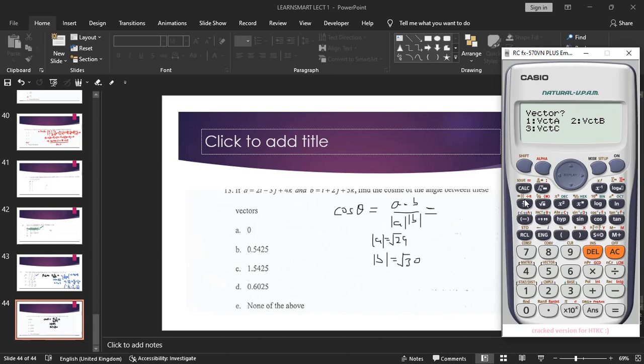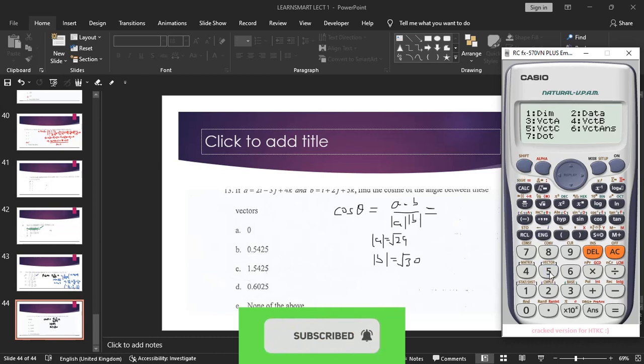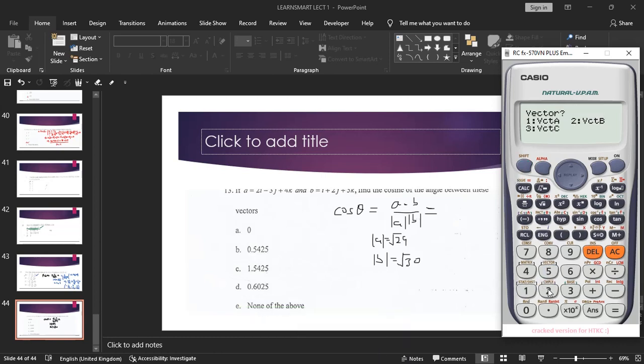So let's choose our vector 1, the real value. So we have A to be 2, minus 3, and then 4. Let's find vector B. We have 1, 2, and then 5.